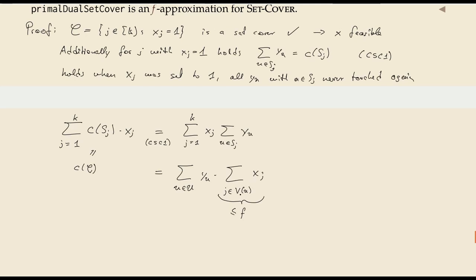Well, we know V of u is less than or equal to f just by definition, and all these xj are at most 1. So we have an f here, and then we can pull it out.